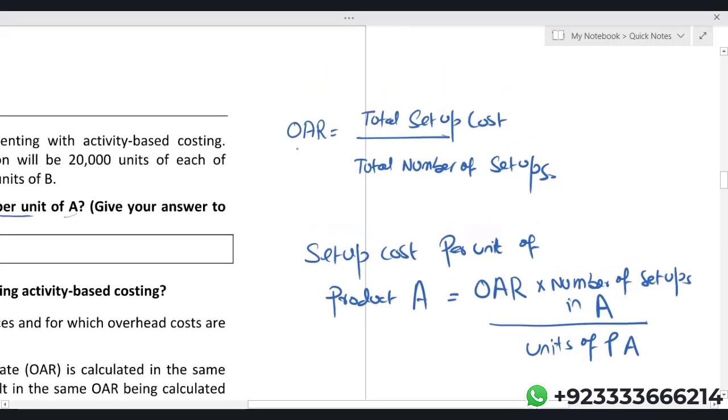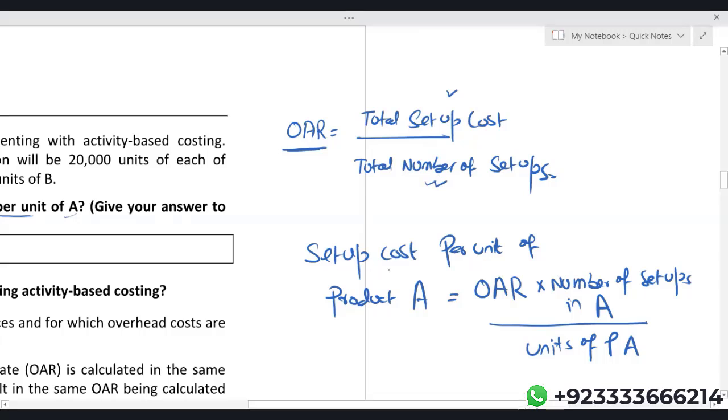Repeat. First, we need to calculate the overhead absorption rate: total setup cost divided by total number of setups gives the overhead absorption rate per setup.